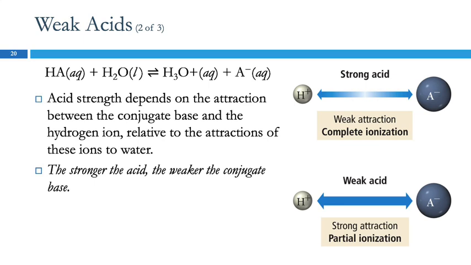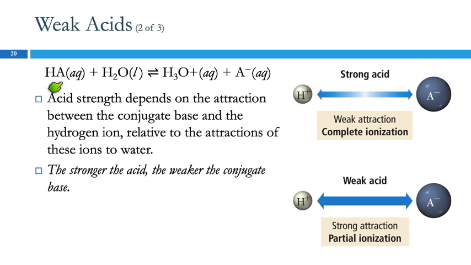So what makes some acids strong and some acids weak? Well, it depends on the interaction, the attraction between the conjugate base and the hydrogen ion relative to the attractions of those ions to water.